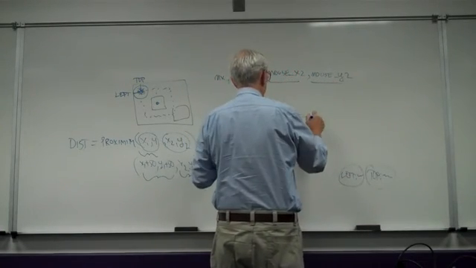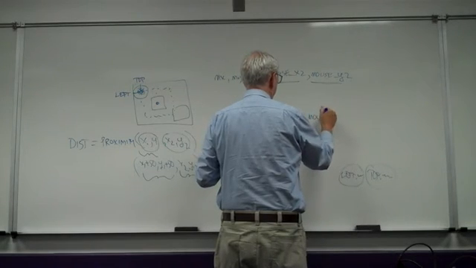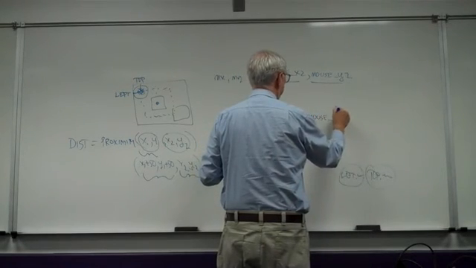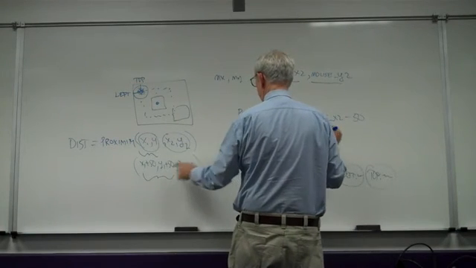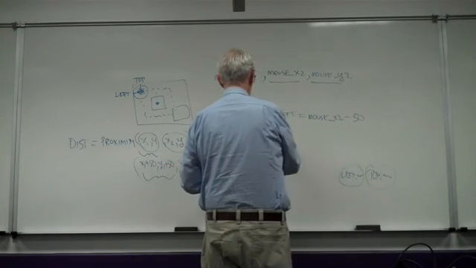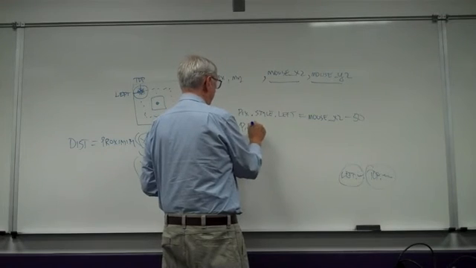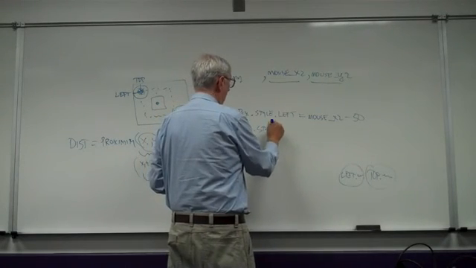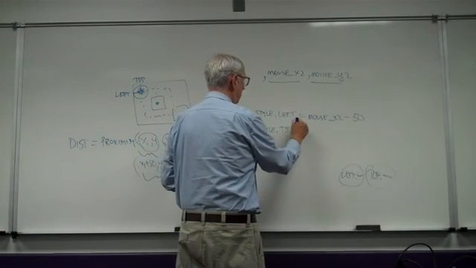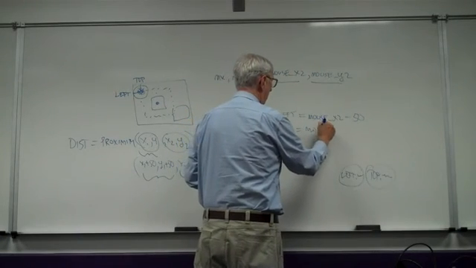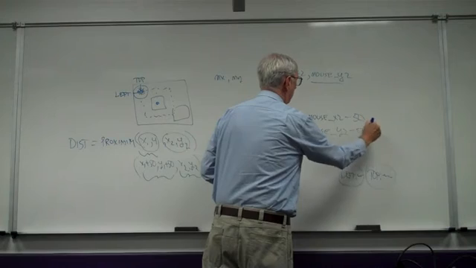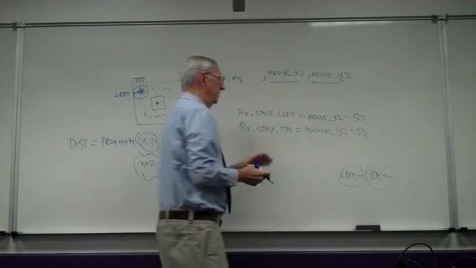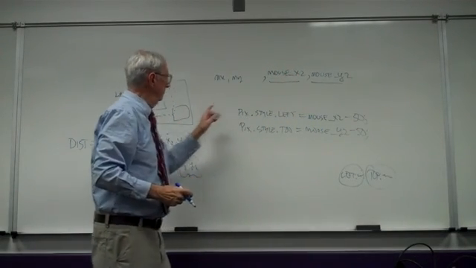You want to drop it off at the position of the mouse, x2 minus 50, because you want to compensate for that. And this one over here, picture style dot top equals mouse y2 minus 50.